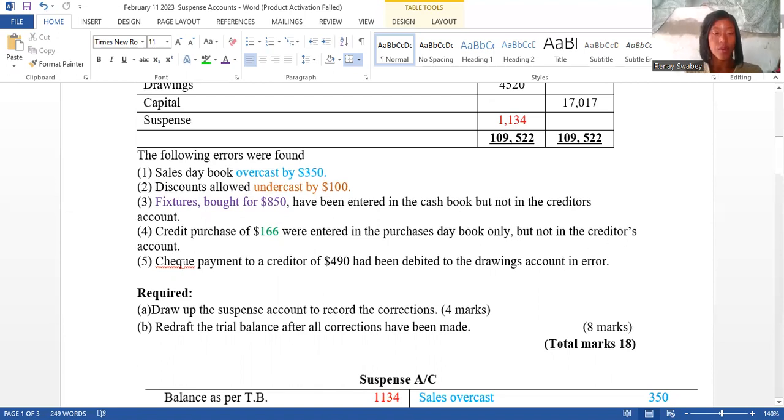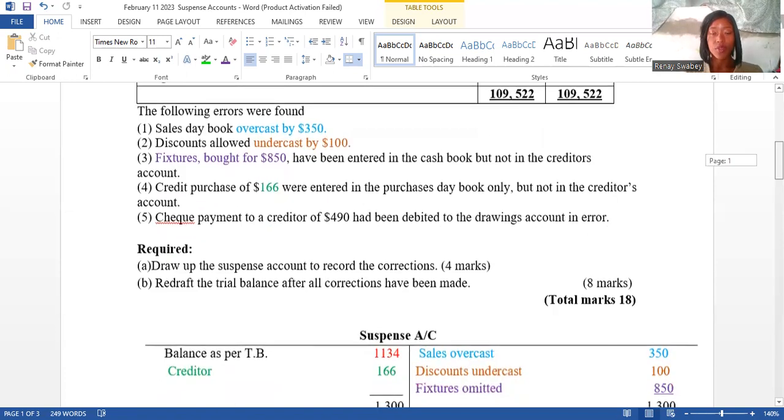And the fifth error, cheque payment to a creditor of $490 had been debited to the drawings account in error. Now, just the suspense account only values 4 marks, and the redrafted trial balance with the corrections values 8 marks.